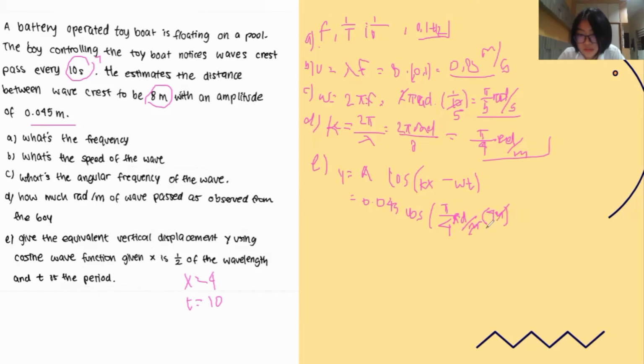So meter and meter will cancel. 4 and 4 will cancel. It will leave us pi rad.